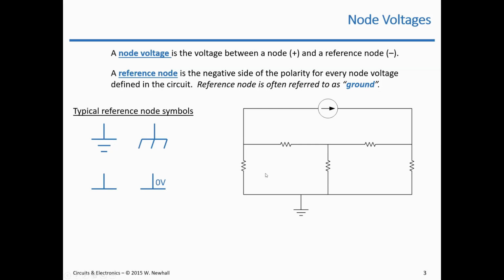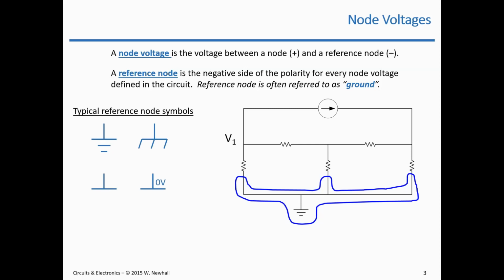Remember, the node is the entire connection between circuit elements. That whole node is considered the reference node. This ground symbol, all it does in this circuit is designate that's the reference node. It's not a component. It doesn't really do anything other than say that's the reference node.